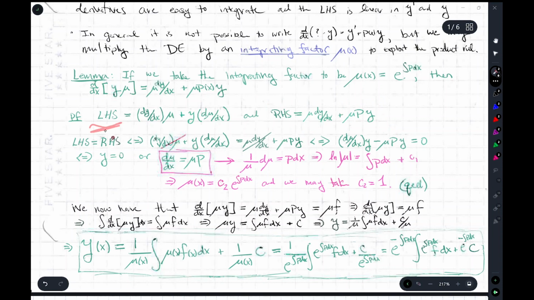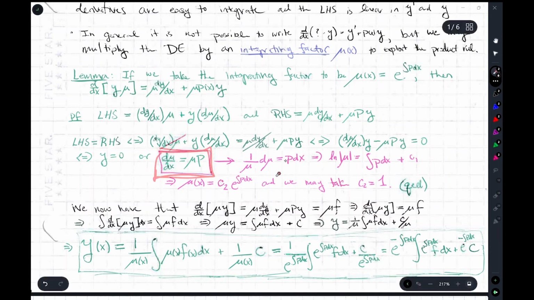Now we want the left-hand side to equal the right-hand side, so we set them equal to each other, and we can cancel these two factors, just subtract them out. We end up with this here, which gives us that either y equals 0, the trivial solution, or what we're interested in, this differential equation.